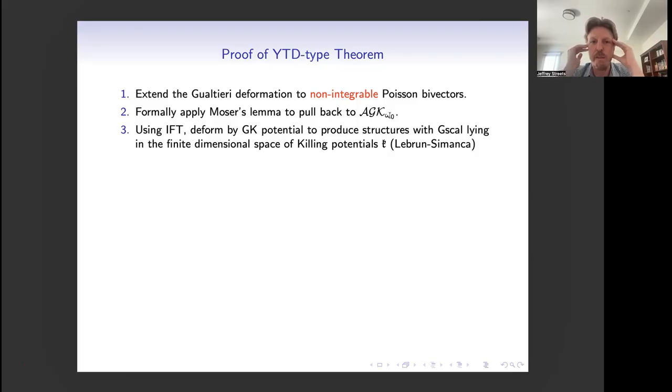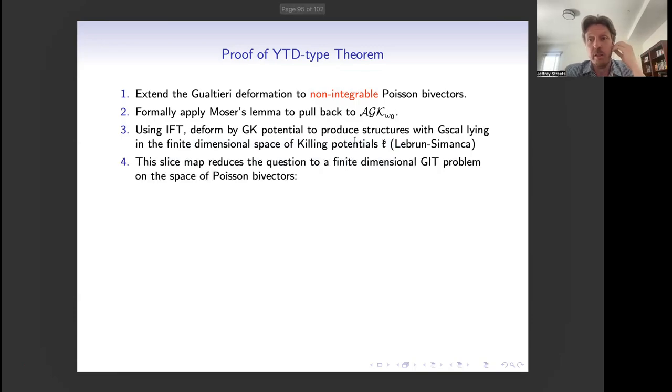So yeah, by an implicit function theorem argument, we can at least solve the constant scalar curvature problem up to a piece that lies in this finite dimensional space of Killing potentials. So basically what we've now produced is a slice map, and we're pulling the scalar curvature moment map framework, this Goto moment map framework, back to a finite dimensional problem.